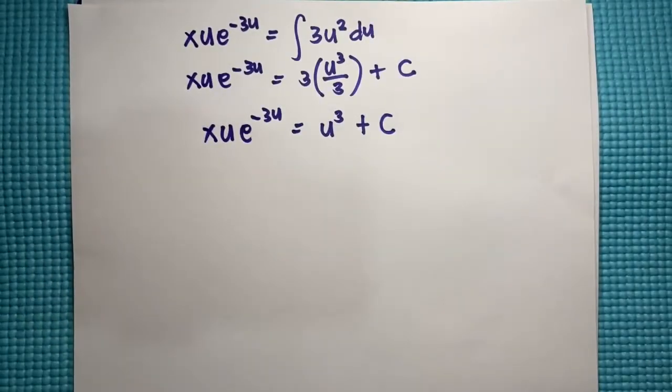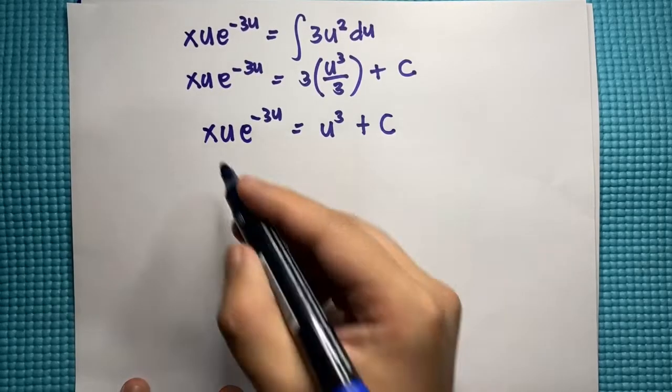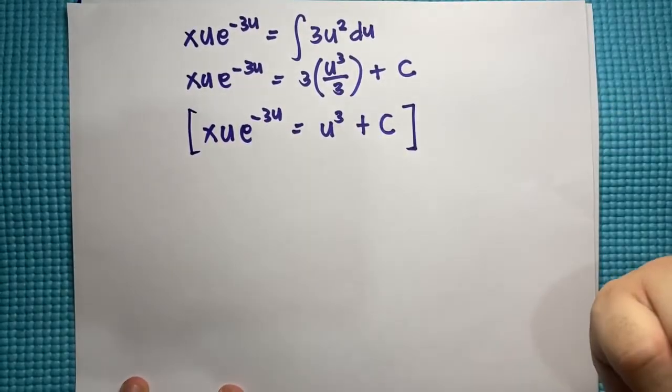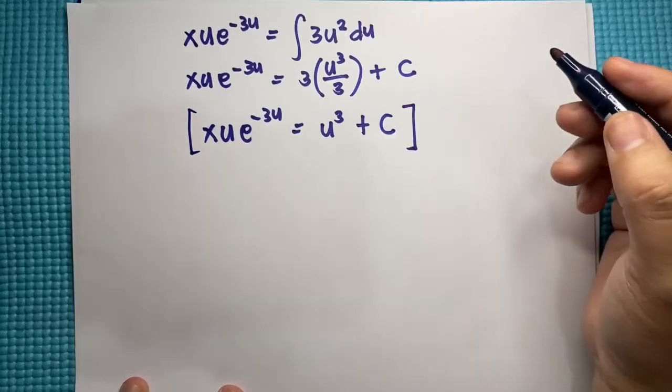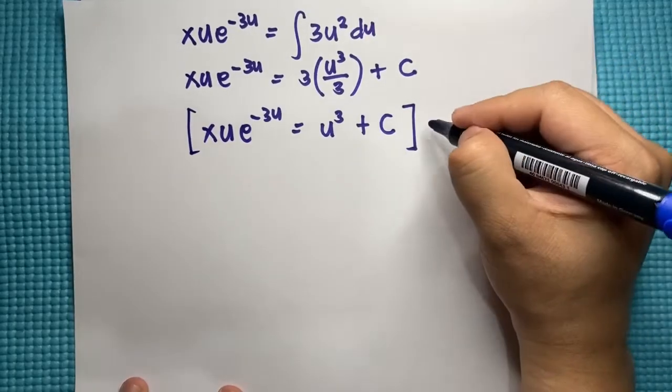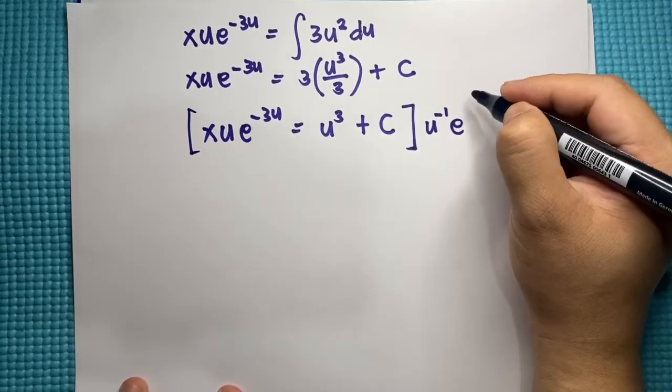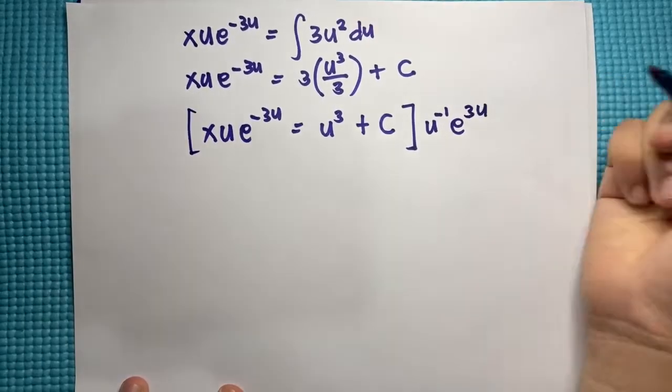From there, we can express this explicitly as x in terms of u. We will be multiplying by u raised to negative 1 and e raised to a positive 3u.